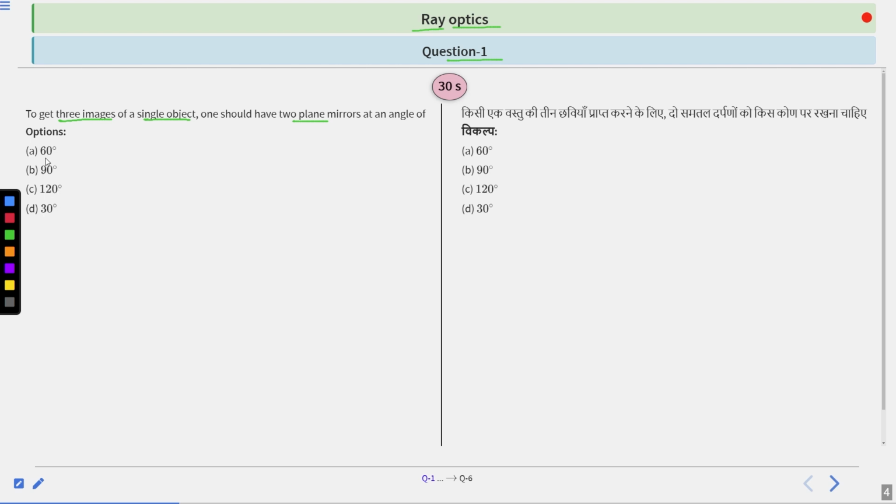So which option is correct? Option A, B, C, or D? You have some time to solve this question.